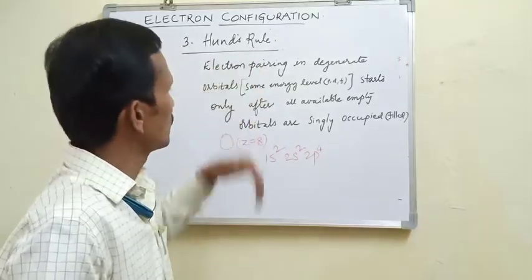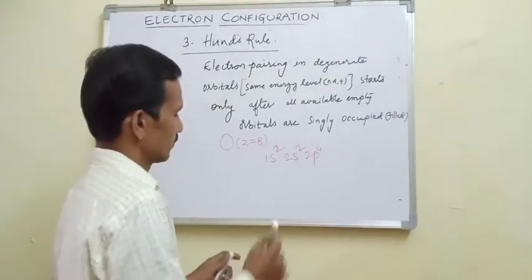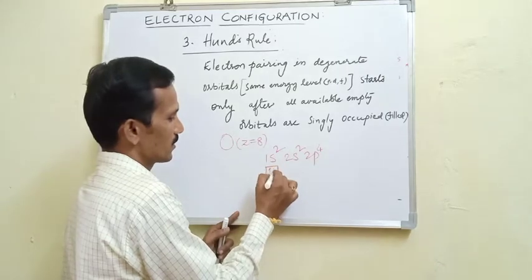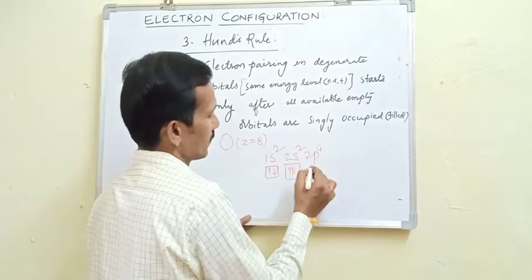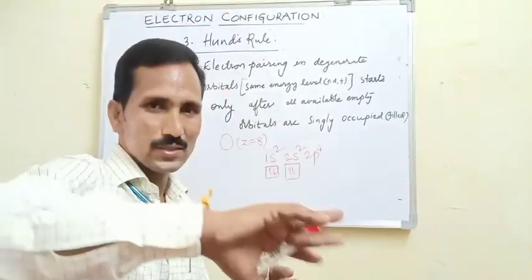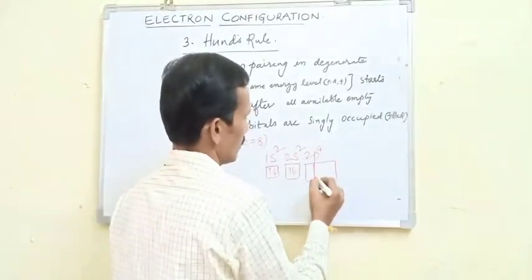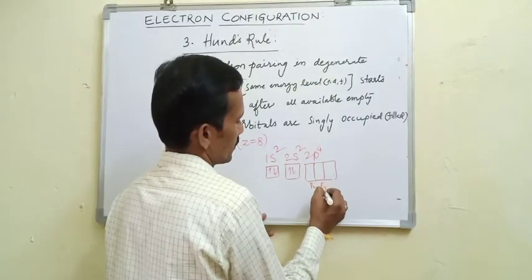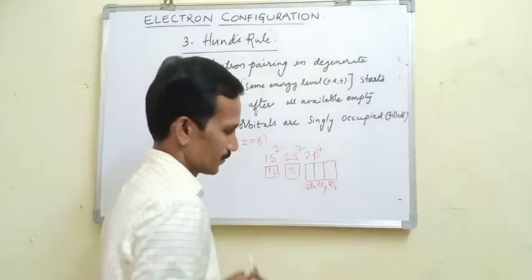What is the meaning of Hund's rule, electron pairing? In degenerate orbitals. S is not a degenerate orbital. There are 2 electrons, one with clockwise and another with anti-clockwise spin, in 2s. The 2p orientation can be divided in 3 dimensions: px, py, pz. This is the second subshell, 2px, 2py, 2pz.